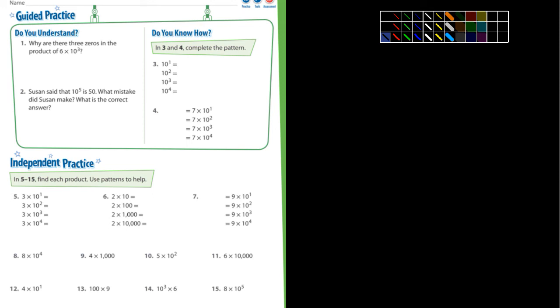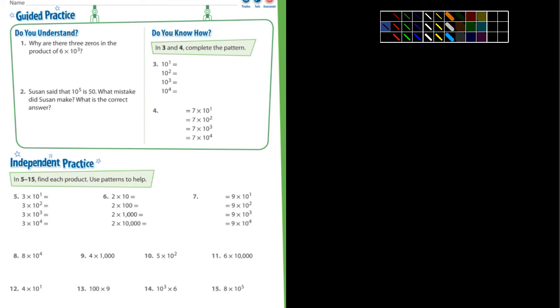Let's look at number 1 here for starters. It says, why are there 3 zeros in the product of 6 times 10 to the 3rd? All right, why is there 3 zeros?